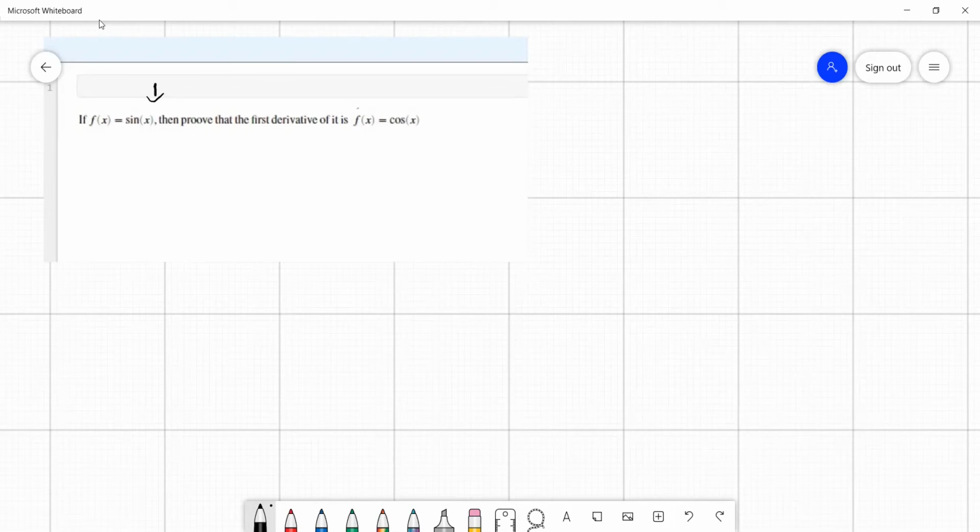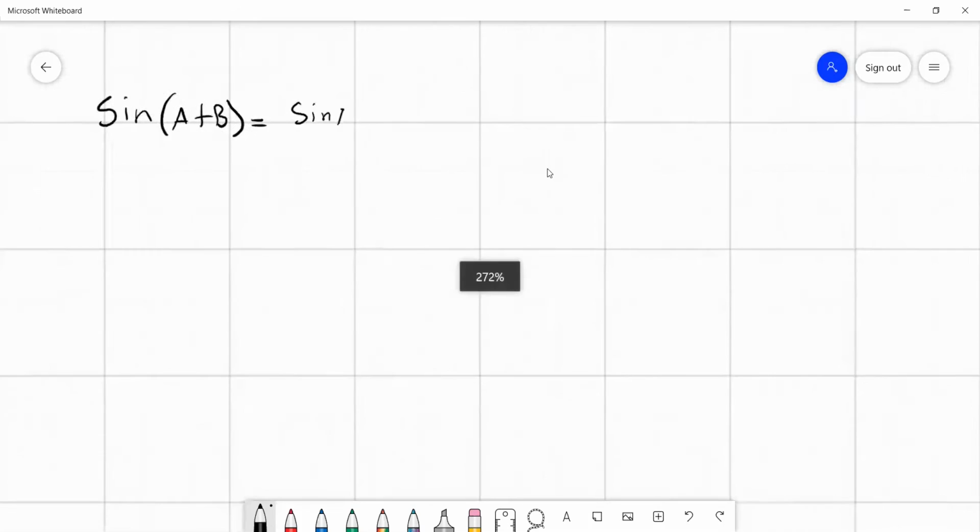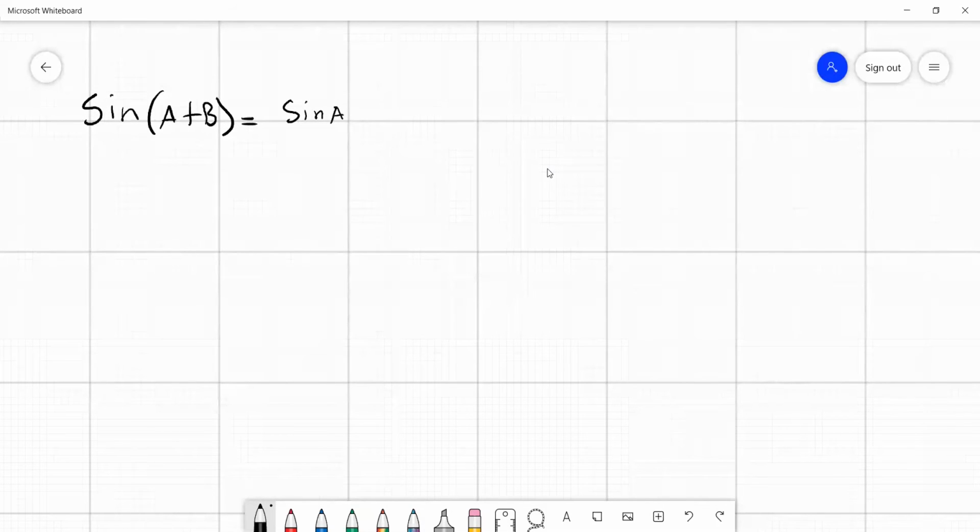So the first trigonometric property is saying that if we have sine a plus b, then that can actually be written as sine a times cosine b plus sine b times cosine a. And that's the first trigonometric property.